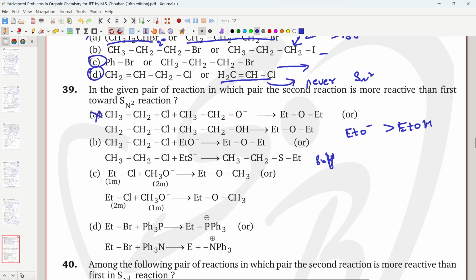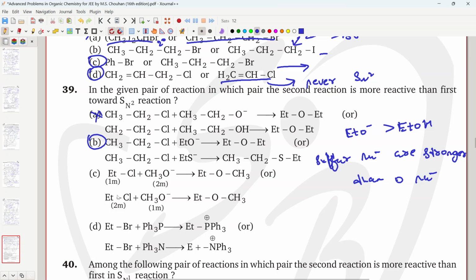Sulfur nucleophiles are stronger than oxygen nucleophiles. So the second is faster. B.